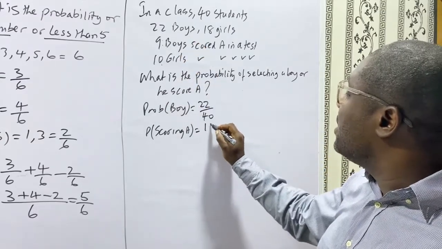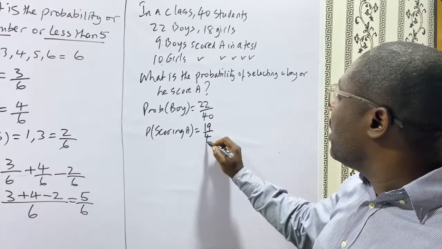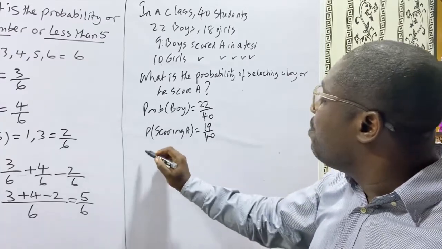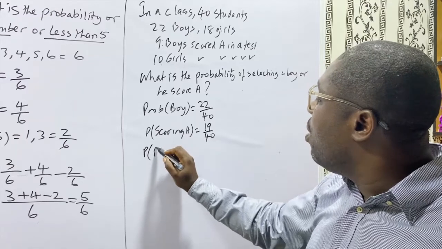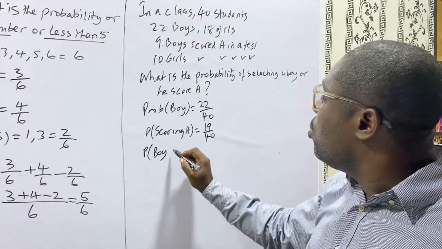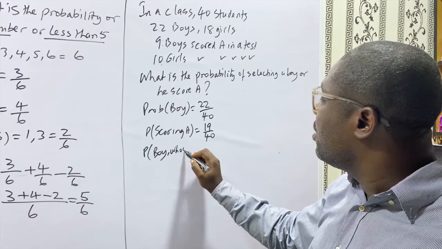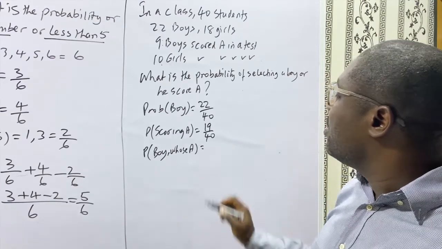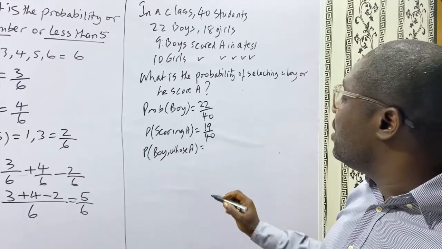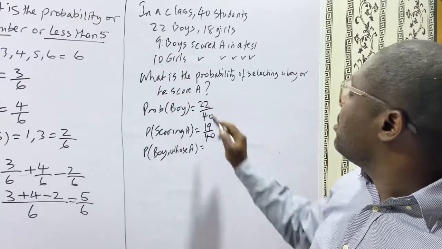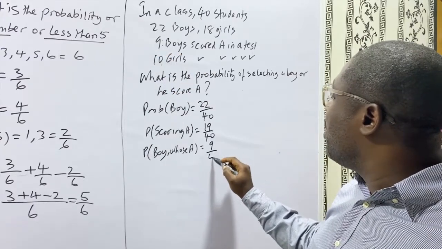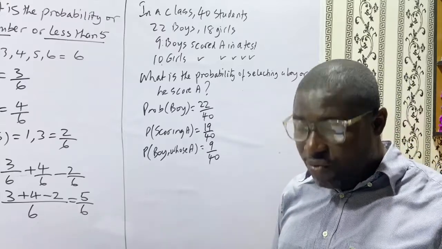That means we have 19 students scoring A. Now, the probability of a boy who scored A is going to be 9 over 40. 9 over 40.